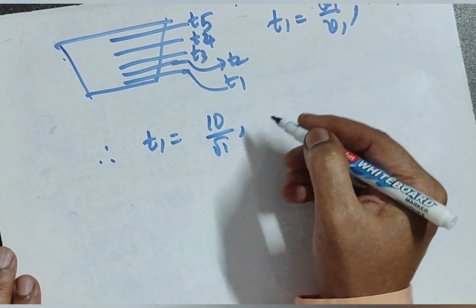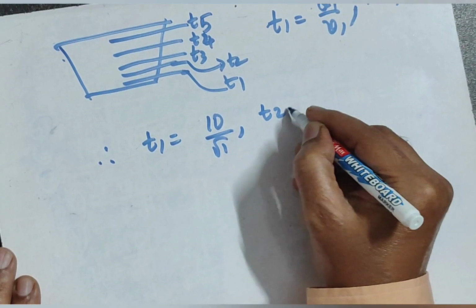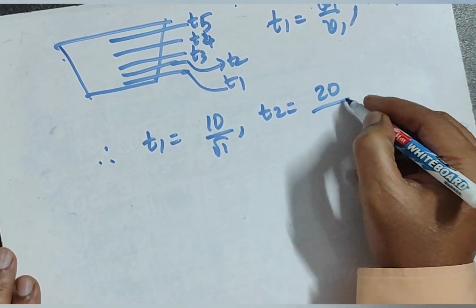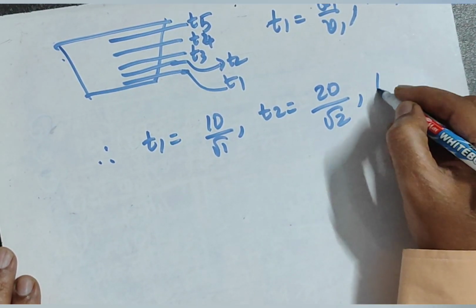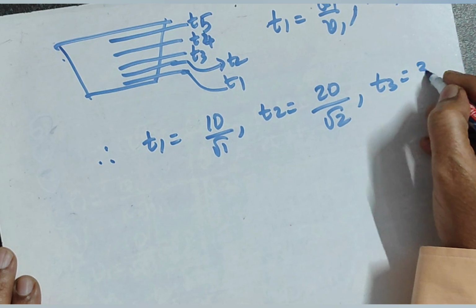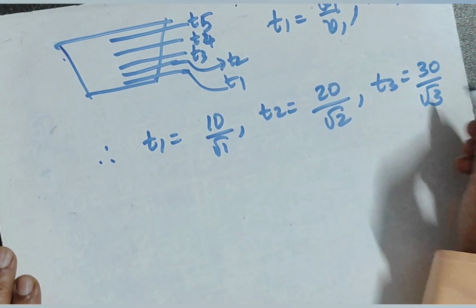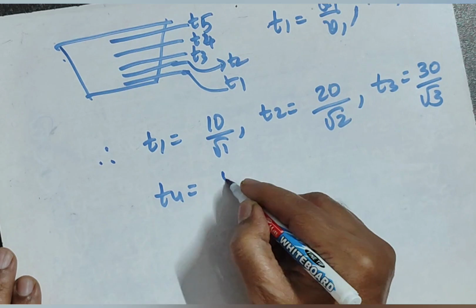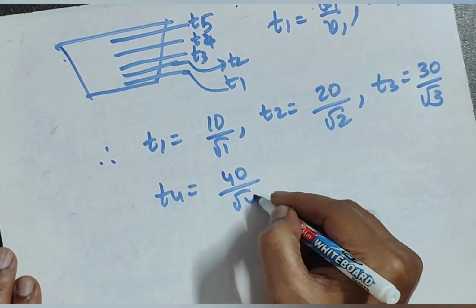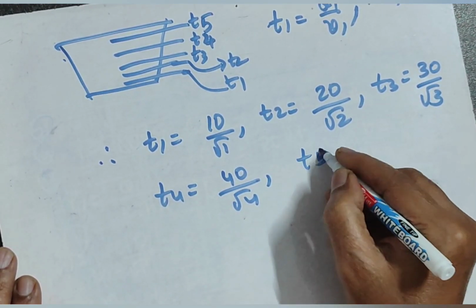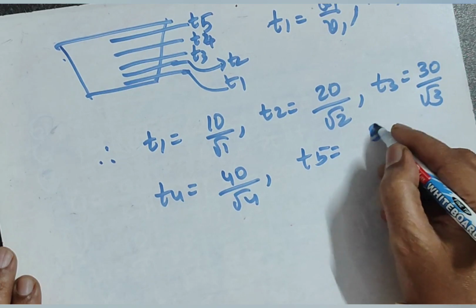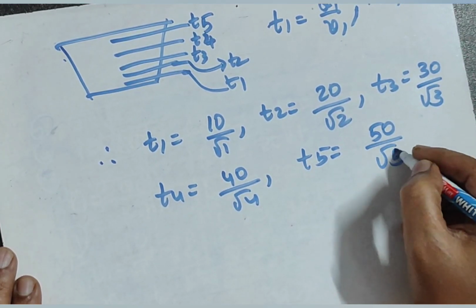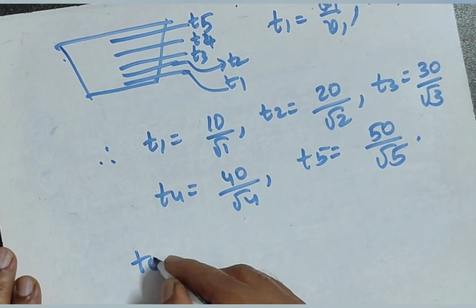Likewise, T1 equals 10 by root 1, T2 at a little higher level is 20 by root 2, H is 2 there, T3 is 30 by root 3 because it is root of the height, T4 equals 40 by root 4 which is 2, T5 equals 50 by root 5.